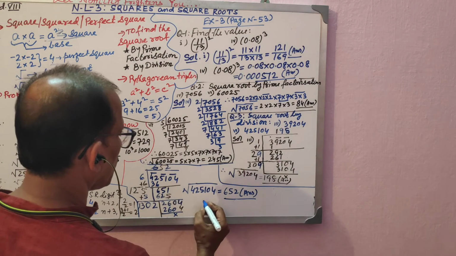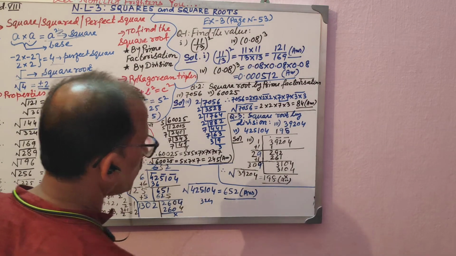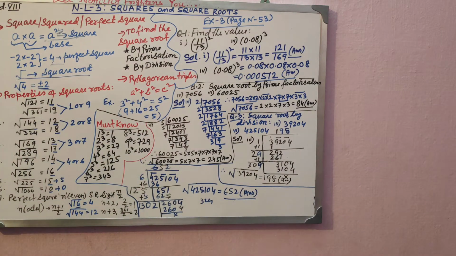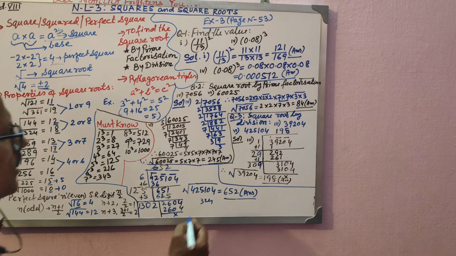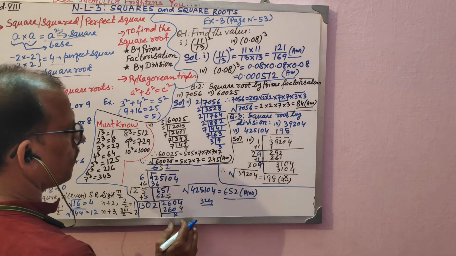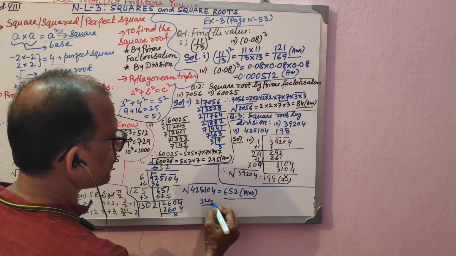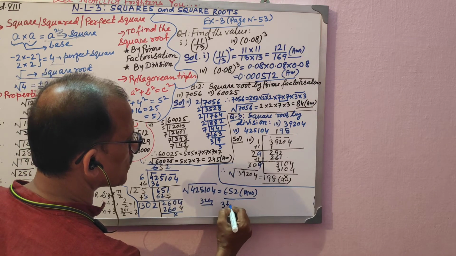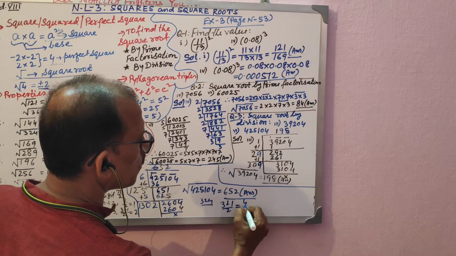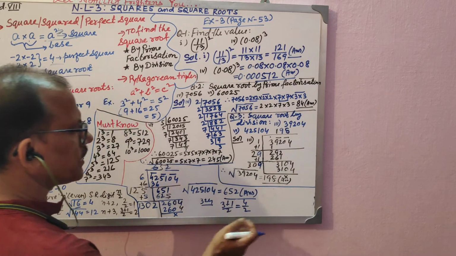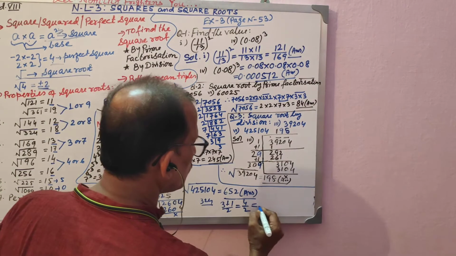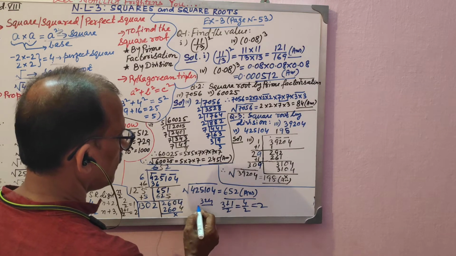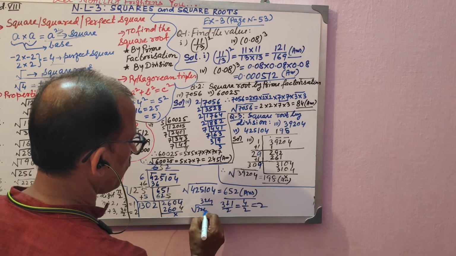Suppose you have 324. 324 is the square of what? 18, isn't it? It has 3 digits, an odd number, so 3 plus 1 divided by 2, that is 4 by 2, so the square root will have 2 digits. This is 324, whose square root is 18.